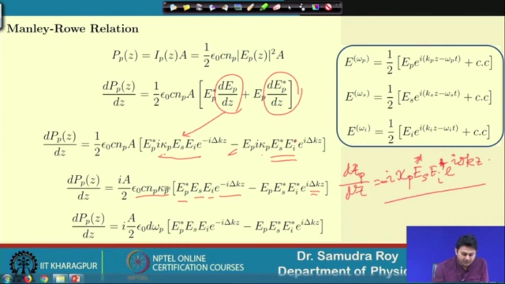Further I can simplify. This epsilon 0 C N P kappa p can be simplified to epsilon 0 d omega p. Why?